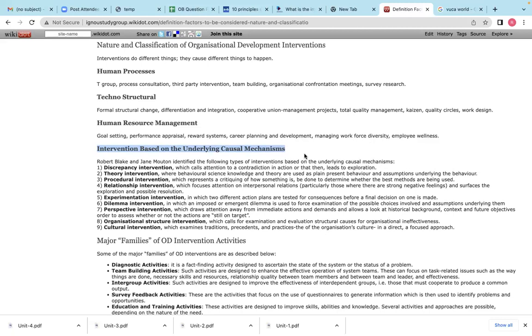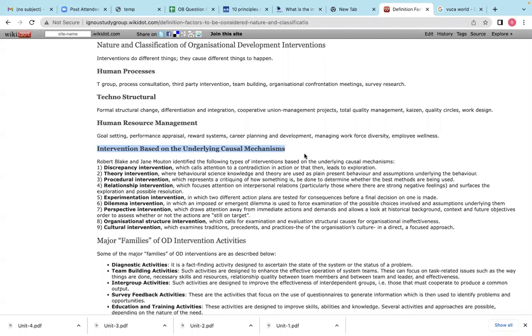So that is where you do a theory intervention. It is based on whatever the theoretical knowledge is, and this is basically on behavioral science. The third is procedural intervention. Okay, it is about checking whatever procedure you are following, whether it is right or not.